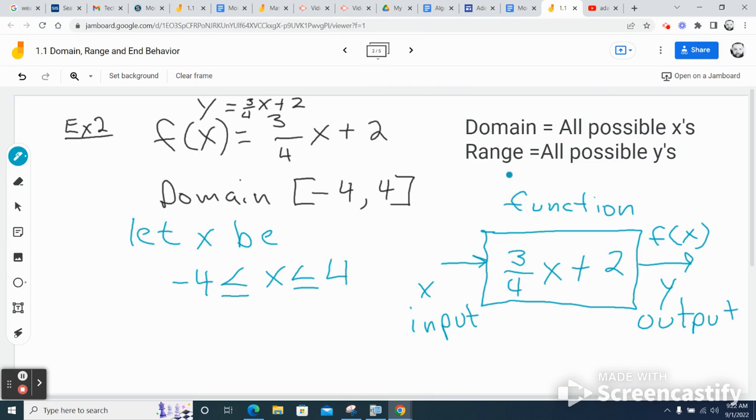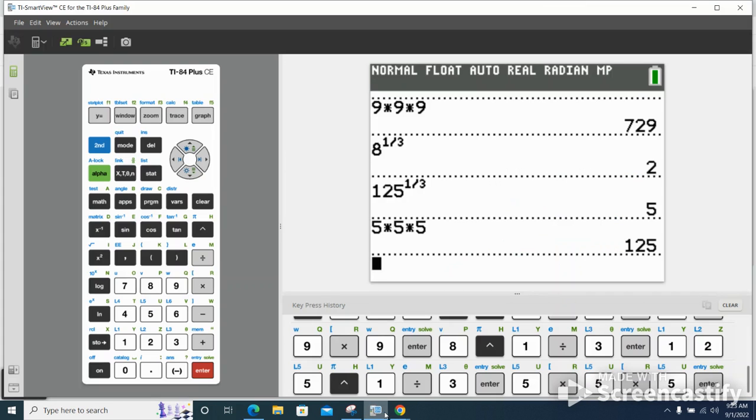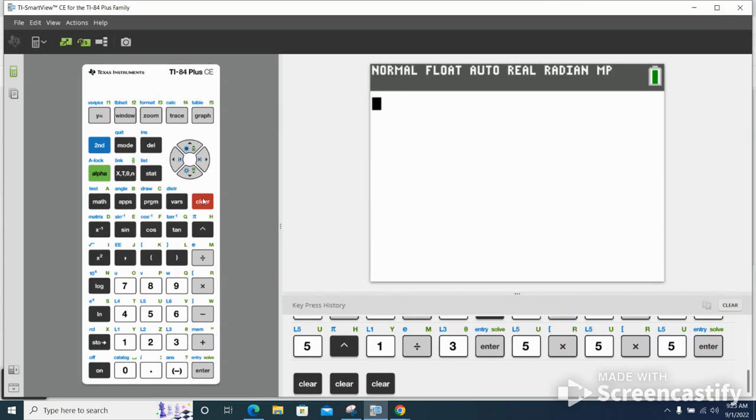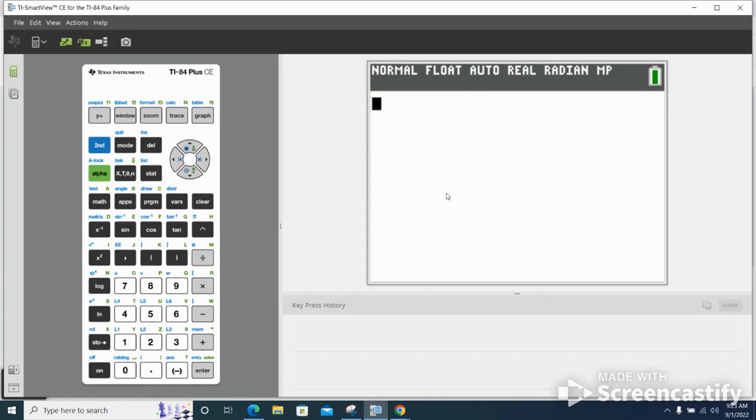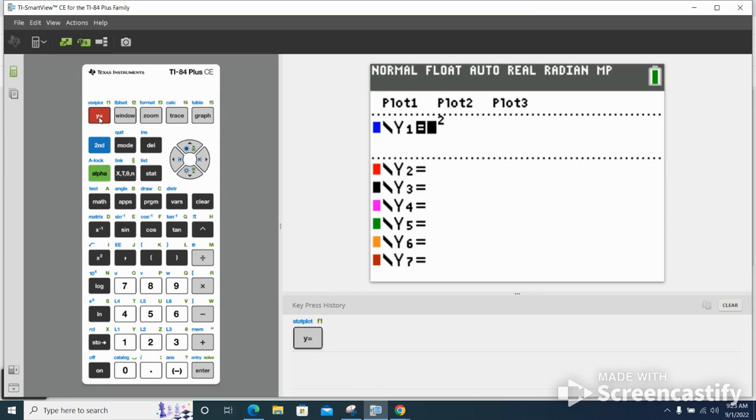So let's open up our calculators, or turn them on. I got to open mine up. Okay? And so we're going to graph this. So what I want you to do, what's the button we hit to graph something on these fancy things? Y equals. Does everybody know where the Y equals button is? Okay, click that.